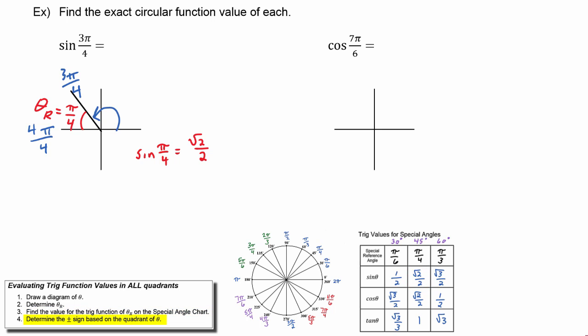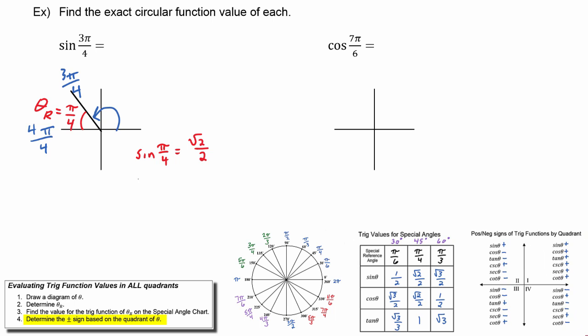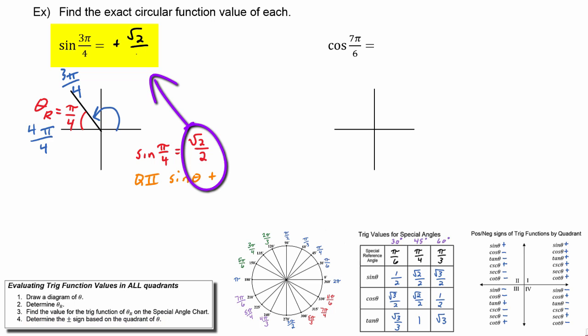Step 4 says to get the positive and negative sign based on the quadrant. And we know that in quadrant 2, sine theta is positive. So then that means that the sine of 3 pi over 4 is going to be positive radical 2 over 2.